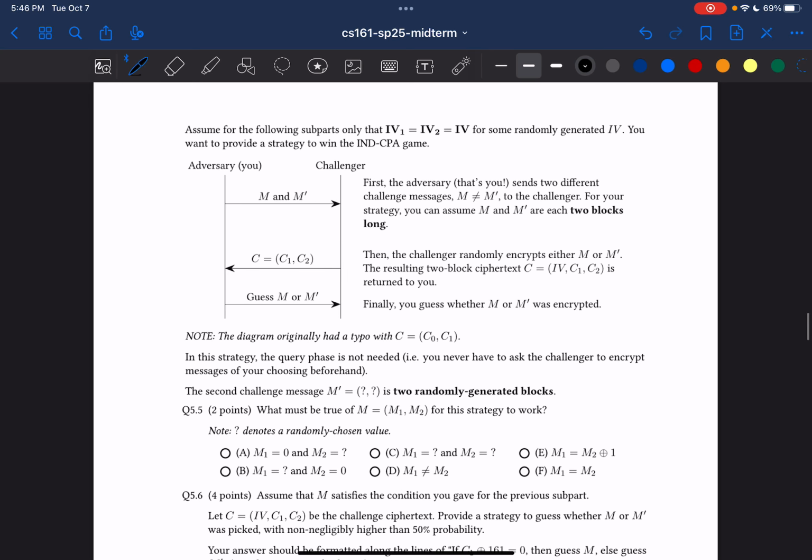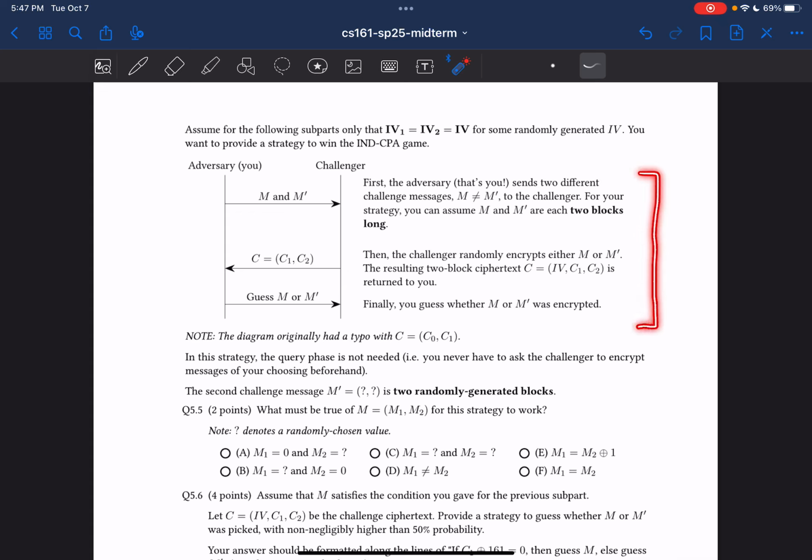For this part, we're assuming that IV1 and IV2 are equivalent, and we're setting it as some value called IV, and this IV is randomly generated. We want to provide a strategy that wins the IND-CPA game for this scheme. Here it describes what the IND-CPA game is again.